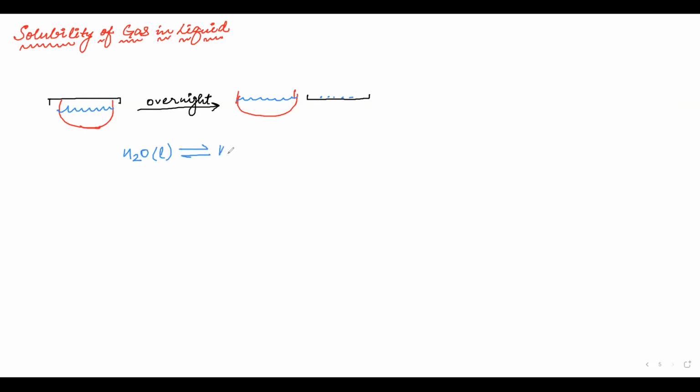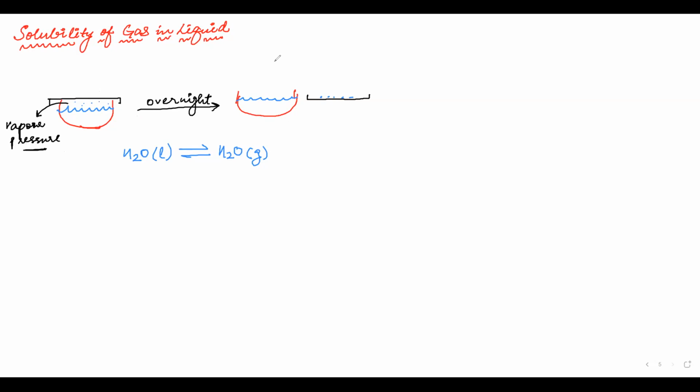Now, if there is some gas H2O, there would be some pressure due to the gas, right? Now this pressure is known as vapor pressure.